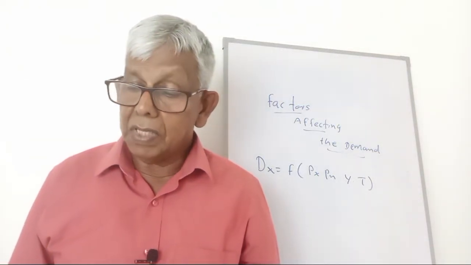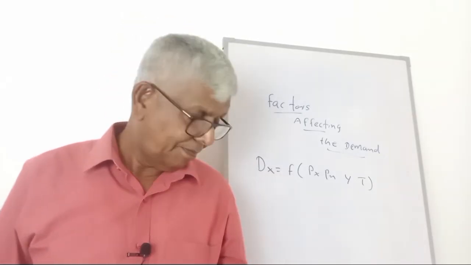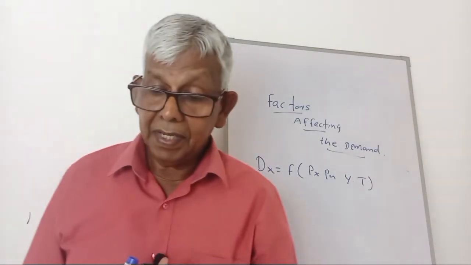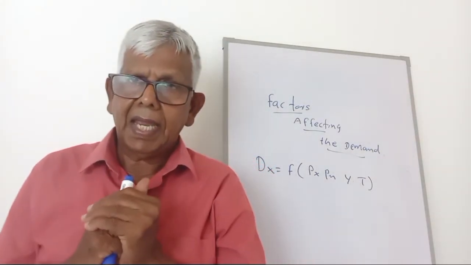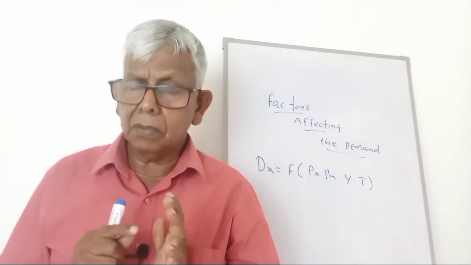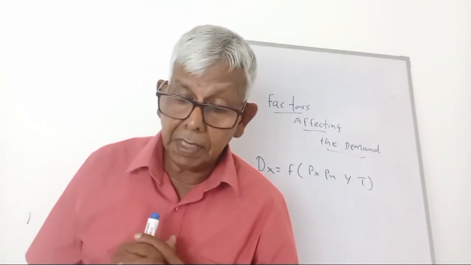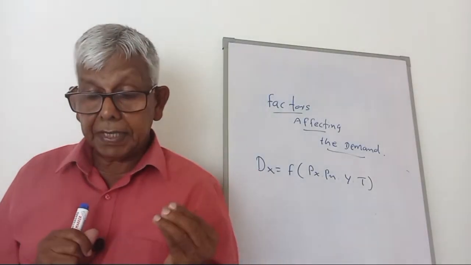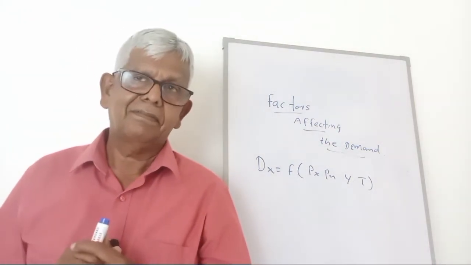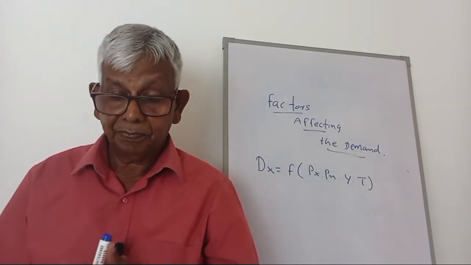First, price and the demand. The price of a particular good and its demand are considered to be negatively related, that is, inversely related. Negative, not positive.